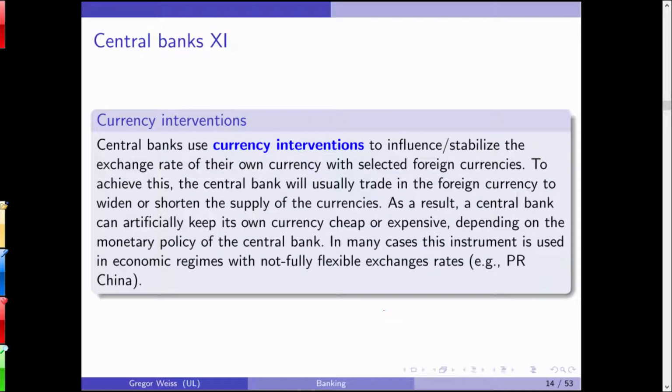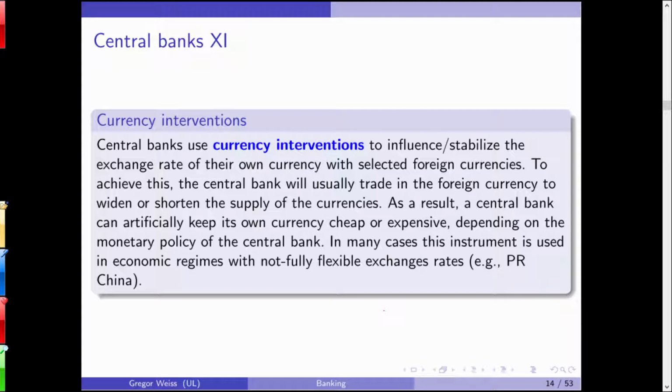Third instrument, currency interventions. Just like in the example of the Schweizerische Nationalbank, the Swiss National Bank, the central bank will use currency interventions to influence exchange rates of its own currency with foreign currencies. For example, euro, dollar, euro, yen, euro, Swiss franc.